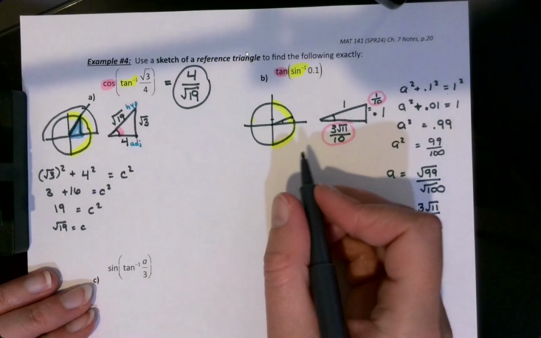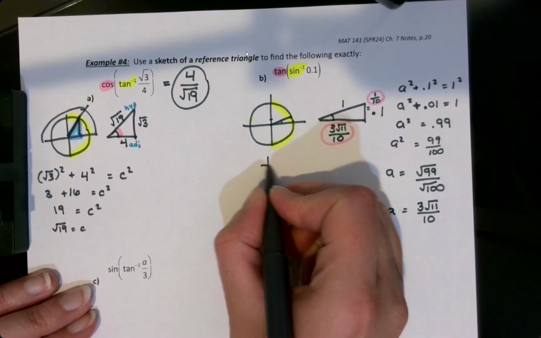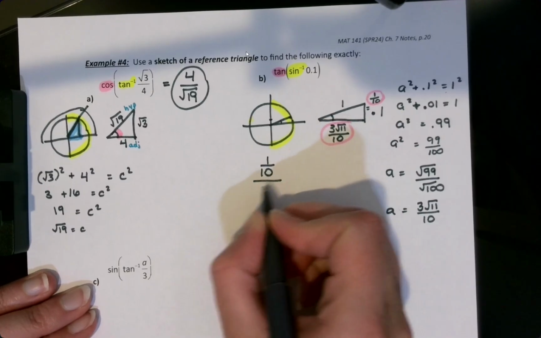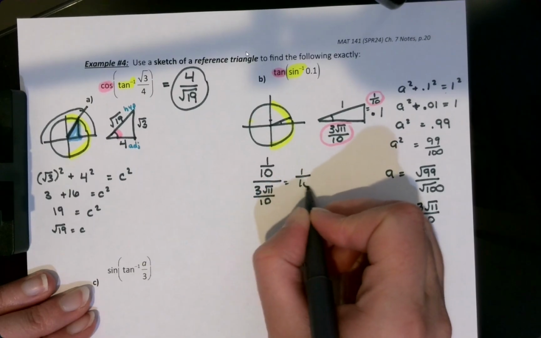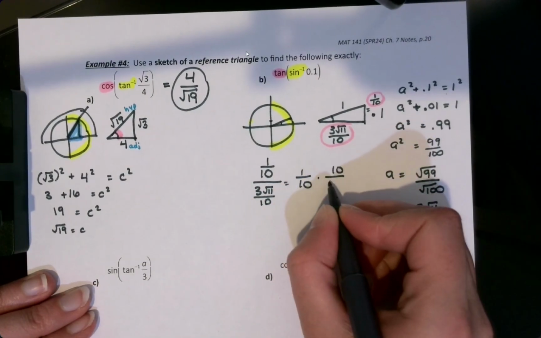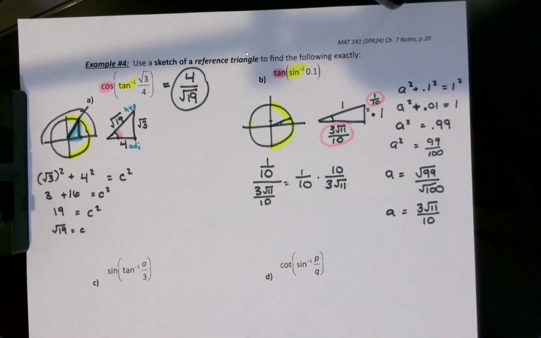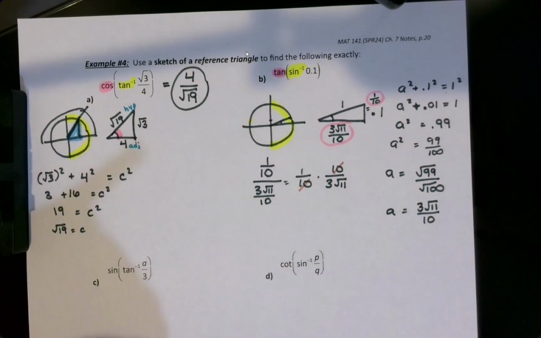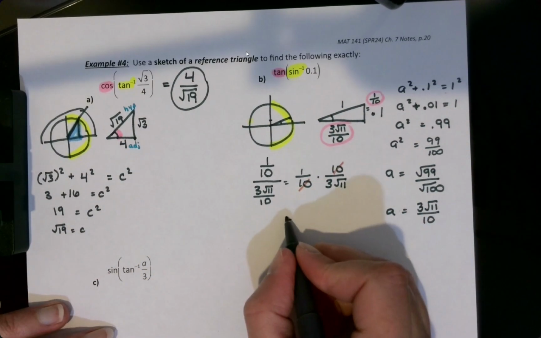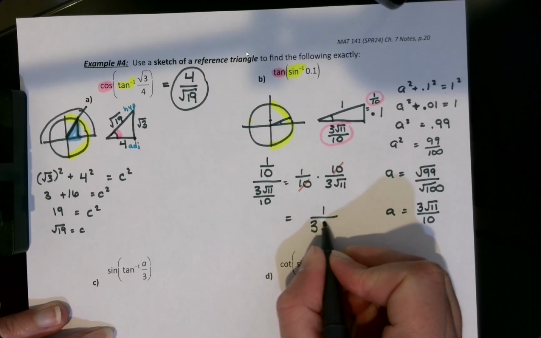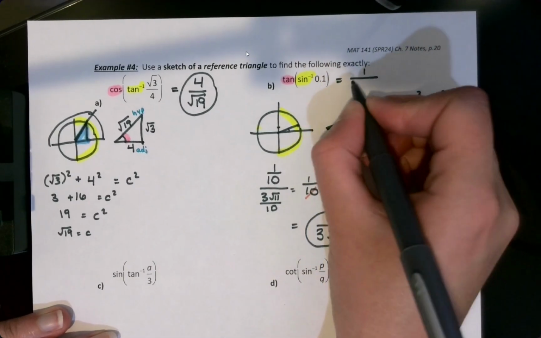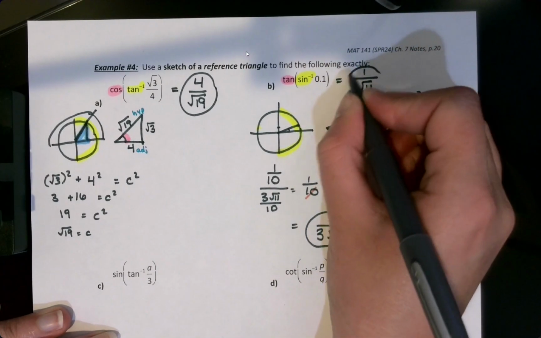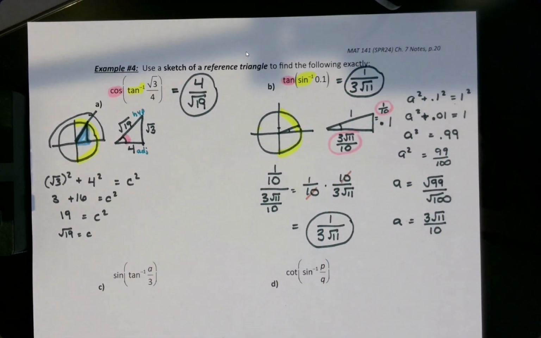So the answer we're looking for is going to take the 1/10 divided by this 3 square root of 11 over 10, or 1/10 times the reciprocal, 10 over 3 square root of 11. The 10s reduce out, and we have 1 over 3 square root of 11. Okay, so this is equal to 1 over 3 square root of 11.